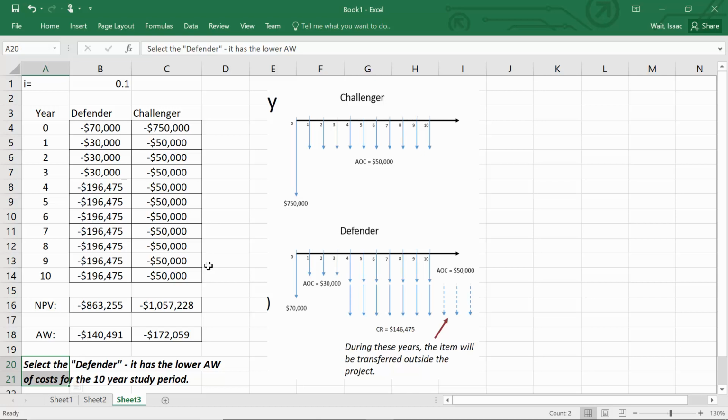That's a given, 10 years of analysis, and so we don't have to find out what's the annual worth if you keep it 1 year, what's the annual worth if you keep it 2 years, and so on and so forth. The only thing we're doing is finding the 10-year annual worth for the defender and the 10-year annual worth for the challenger, because the study period was specified on the second problem.